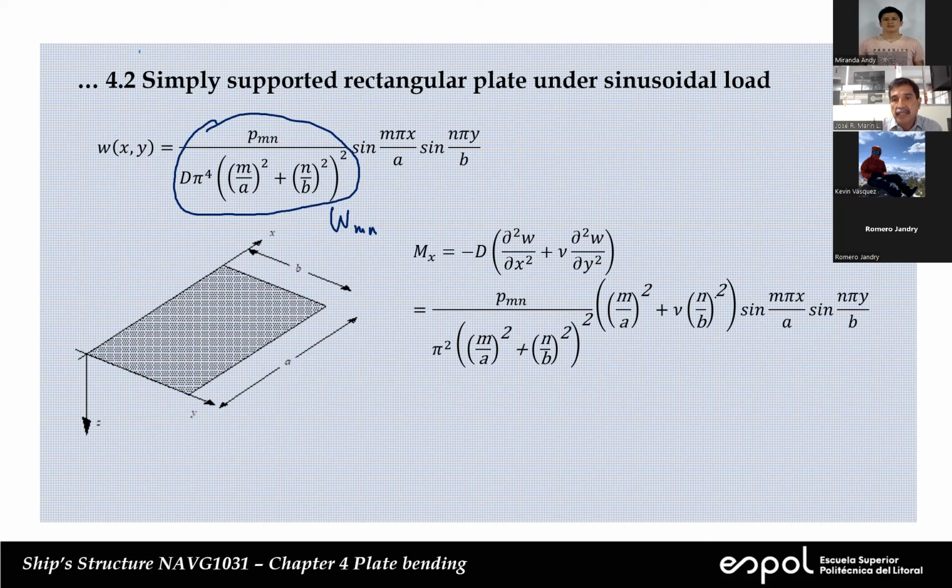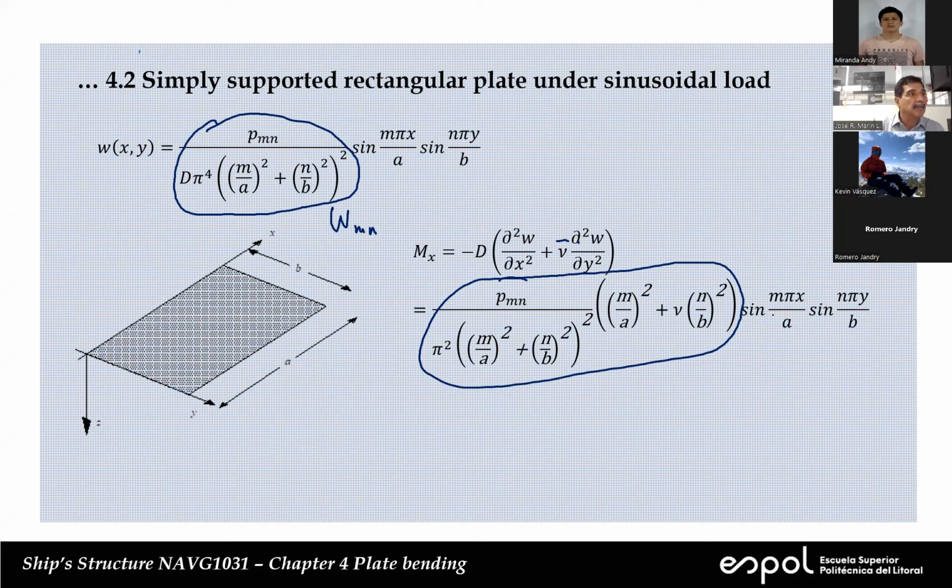And we see that this is like the amplitude of the bending moment, in this case, in the x direction, and the distribution is sinusoidal, right? So the loading is sinusoidal, the deflection is sinusoidal, and the bending moment distributions are sinusoidal too, okay?